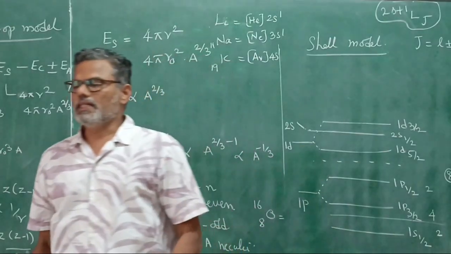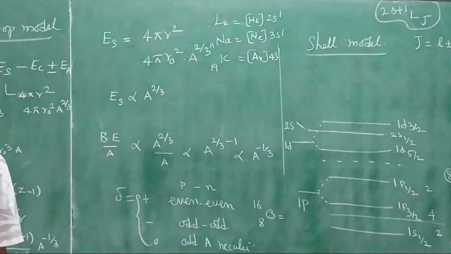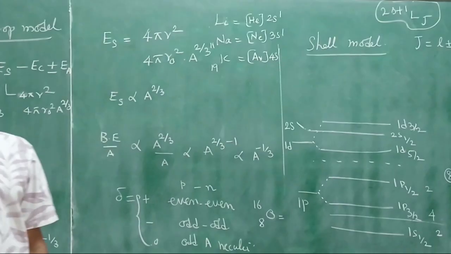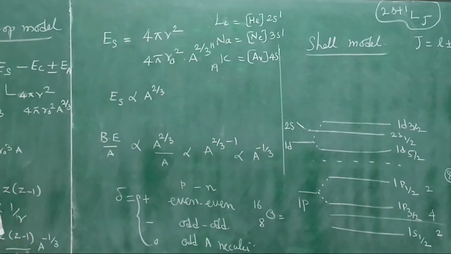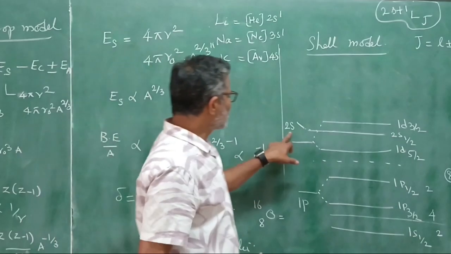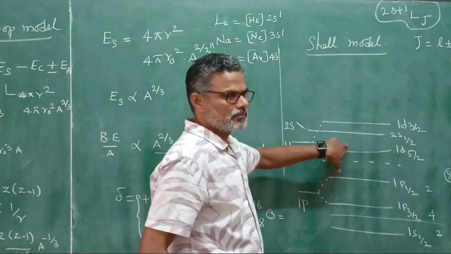Like what you see here, let's say 1s2, 2s2, 2p6, 3s2, and then 3p. Sometimes s will come before because of the low energy. In the same way, your 2s comes before this because of the energy.